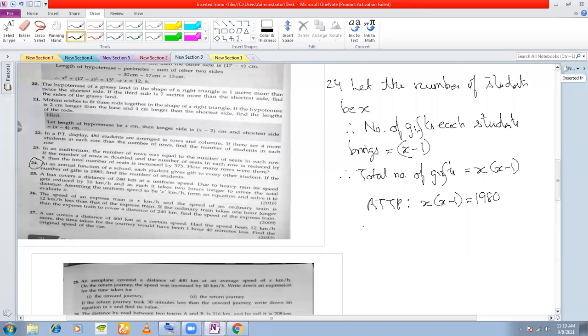Now this is a quadratic which we should be able to solve, which is X square minus X is equal to 1980. Which can now be written in quadratic form as X square minus X minus 1980.